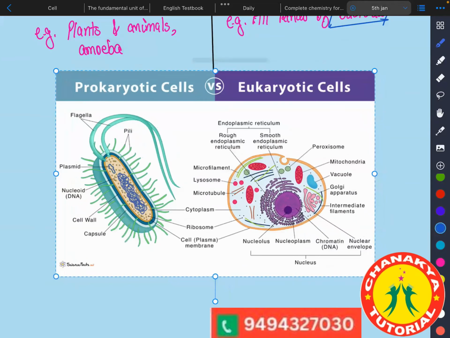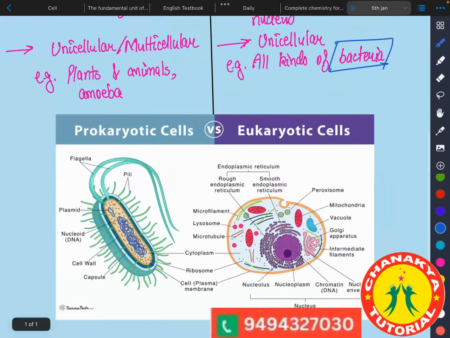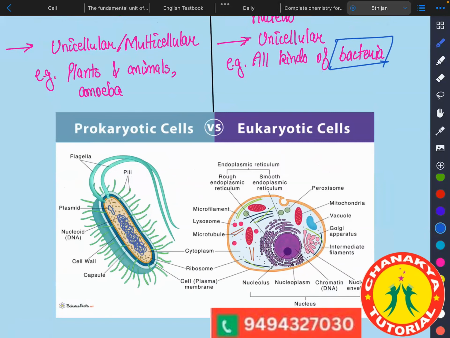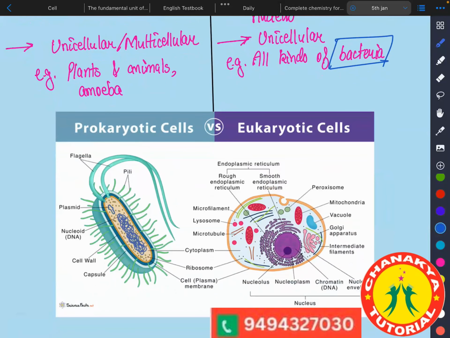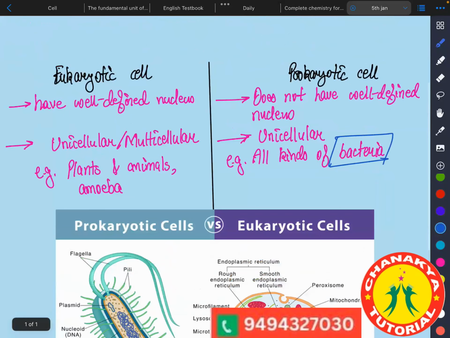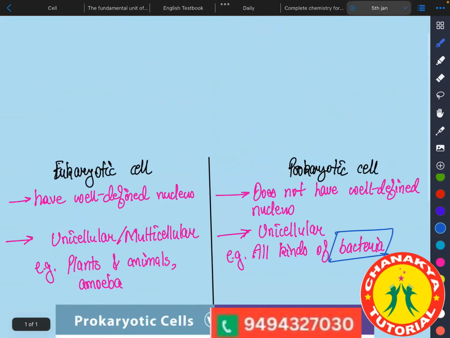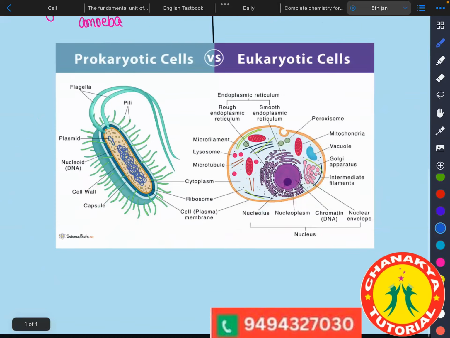I will also upload this file in the Wise app. After every class, I upload all these notes which we are making inside class. You can take it from there also.